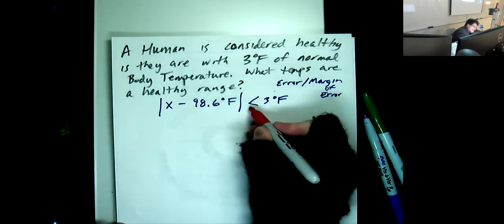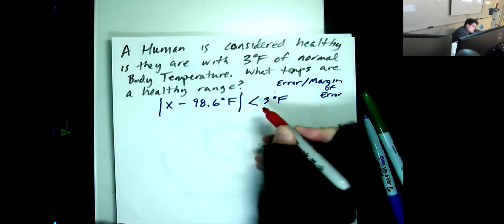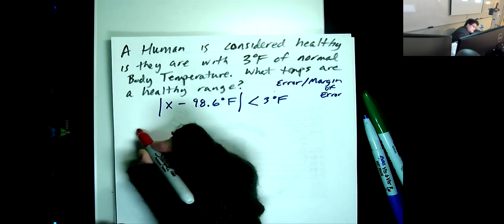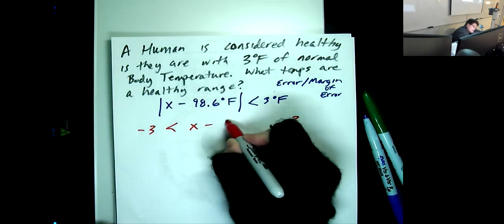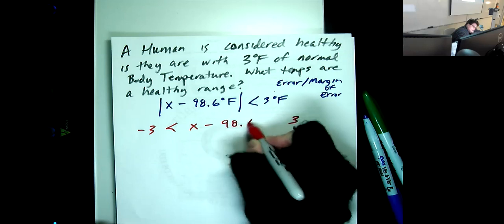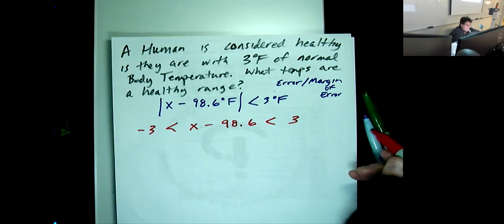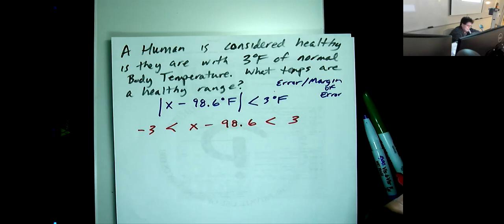since it's the less than, it makes the sandwich. We've got -3 and 3, we're going to sandwich it in between. And I dropped the Fahrenheits for now, we add it later.